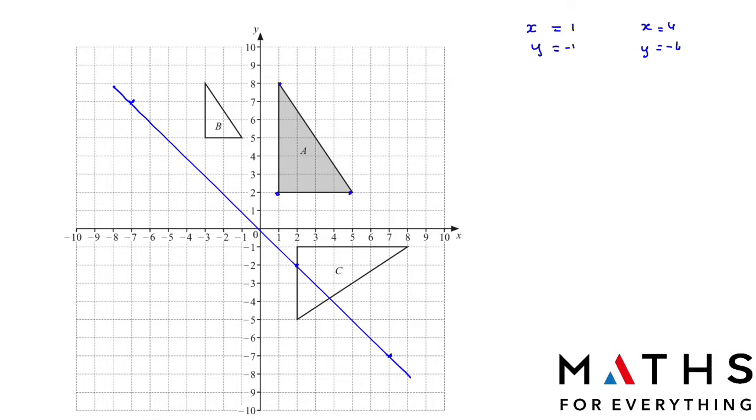We have 1 and 2, 1 and 8, and 5 and 2. Now exchange your x and y values and change the sign. So this will become -2, -1, -8, -1, -2, and -5. Join the dots together to get the triangle.